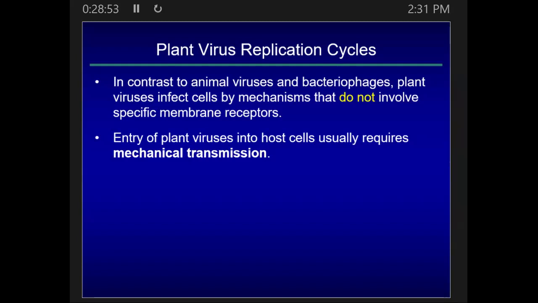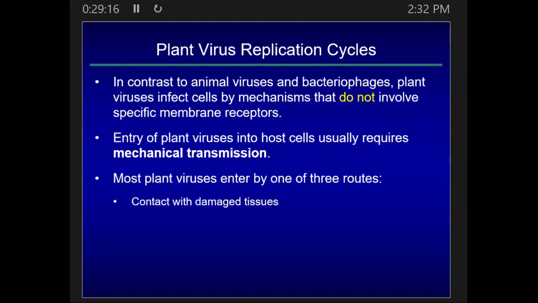The insect will get onto the plant, start feeding on it, and the virus is carried in the digestive tract of the insect. And as they're feeding on it, they will have some of the viral particles in their saliva, and it gets into the wound. So it's mechanical transmission.